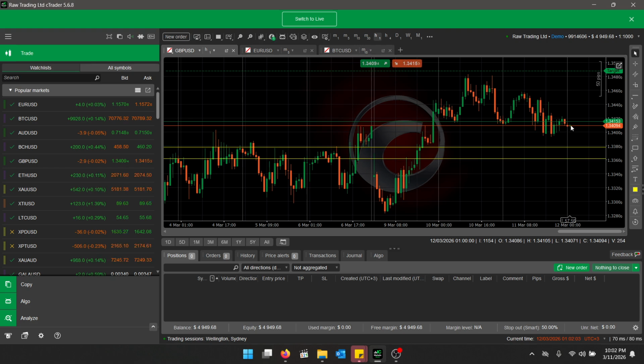Once I click on buy, I'm telling the system that I am expecting this to go up, and if it goes against me, I'm in loss. And if I use sell, it means I'm expecting this price to go down, and if it goes the opposite direction, I'm in loss too.